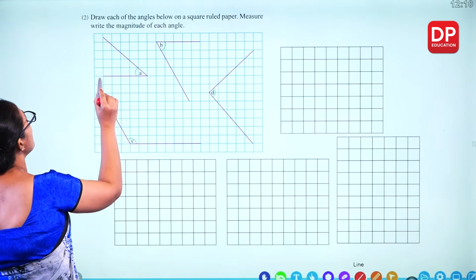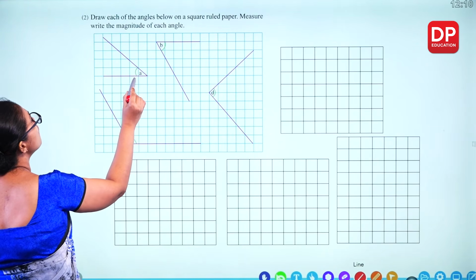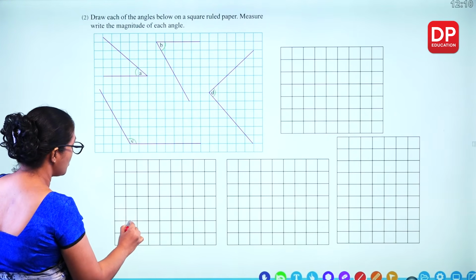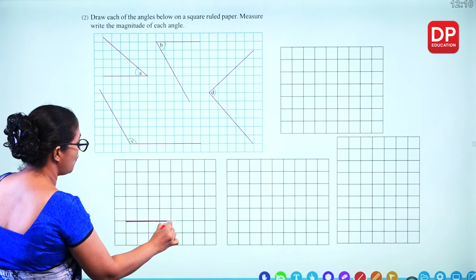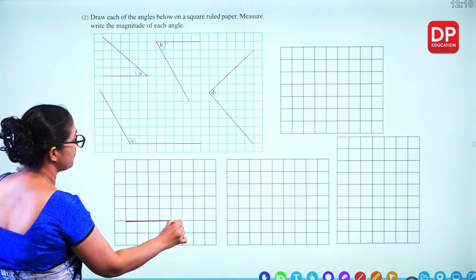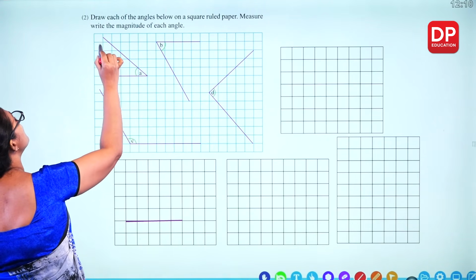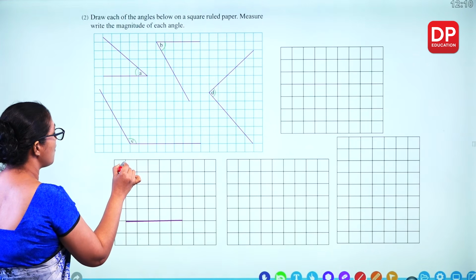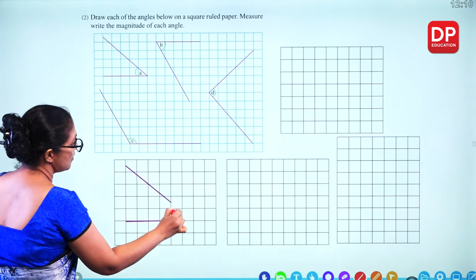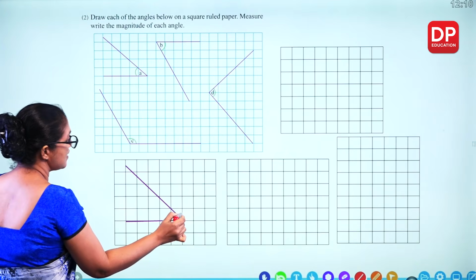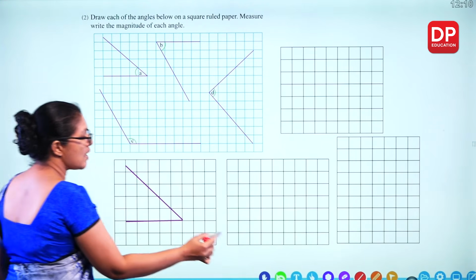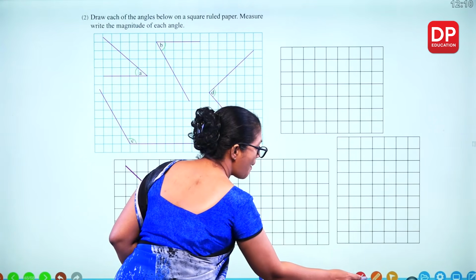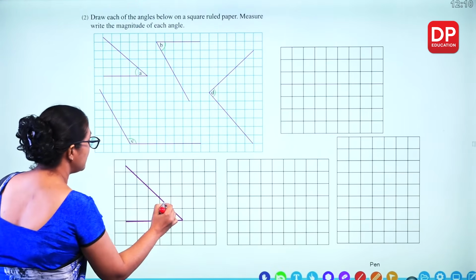So we can do that here. 1, 2, 3, 4, 5 here. And here 1, 2, 3, 4, 4.5 up. So this is the other side of the angle. This is like the acute angle A, so we can measure this angle A.